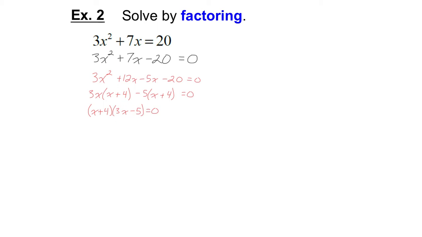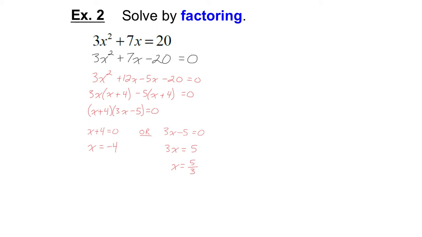So I can write x plus 4 equals 0 or 3x minus 5 equals 0. Solve for x in each case, and I get my two different answers. So x is equal to minus 4 or x is equal to 5 over 3.